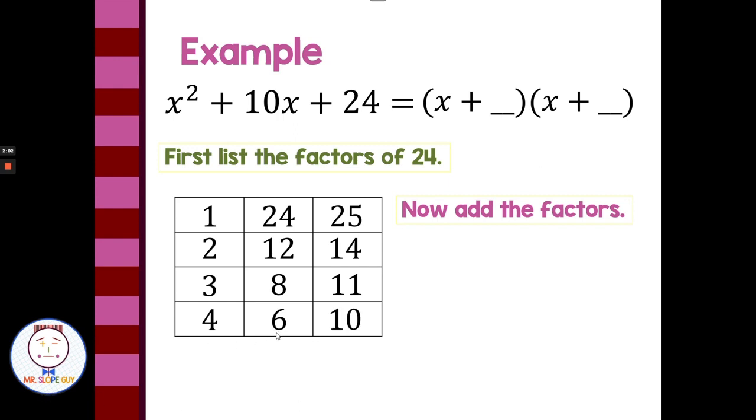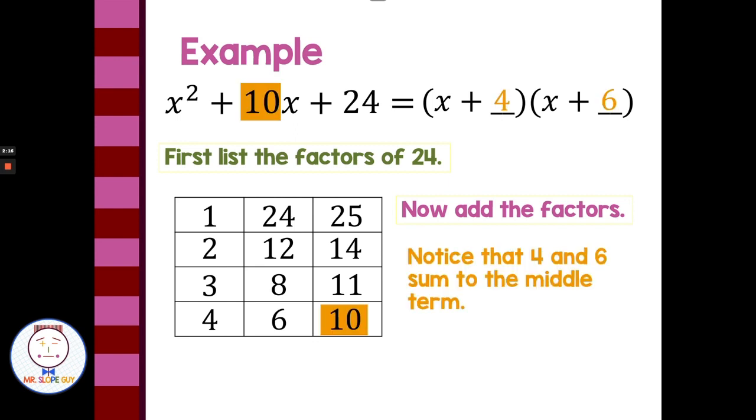So the two numbers that worked, 4 and 6, multiply to give us the last term of 24 but add up to the middle term of positive 10. So these two missing factors are positive 4 and positive 6. If we factored correctly, we should be able to multiply and get back our original problem.